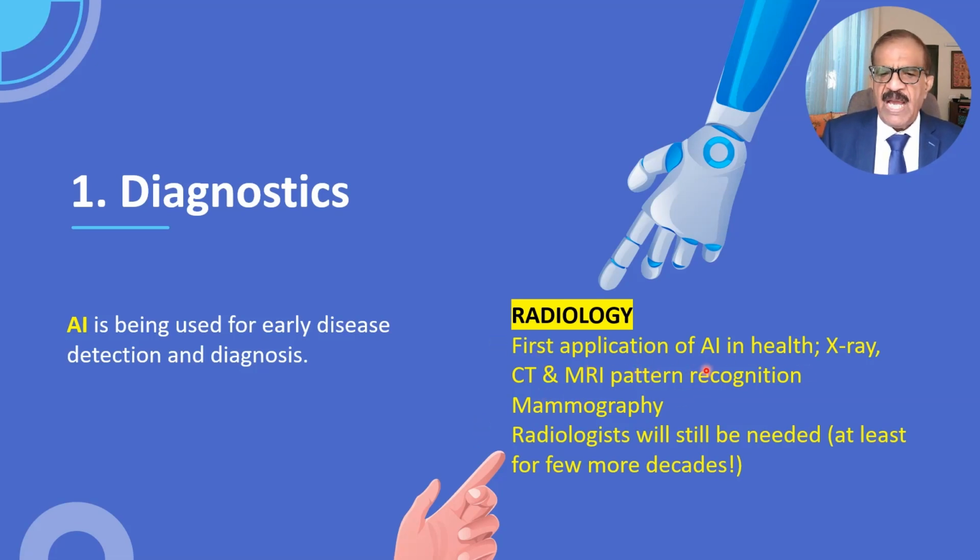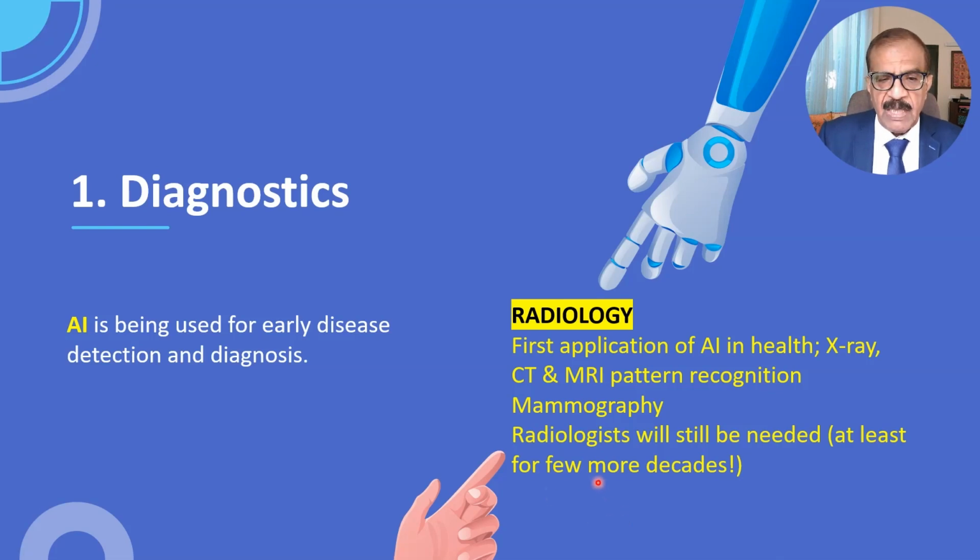First application of AI in health: X-ray, CT and MRI pattern recognition. In mammography, machine is not only equivalent to, but actually has exceeded the detection rate of humans for breast cancer. And radiologists will still be needed at least for a couple more decades.